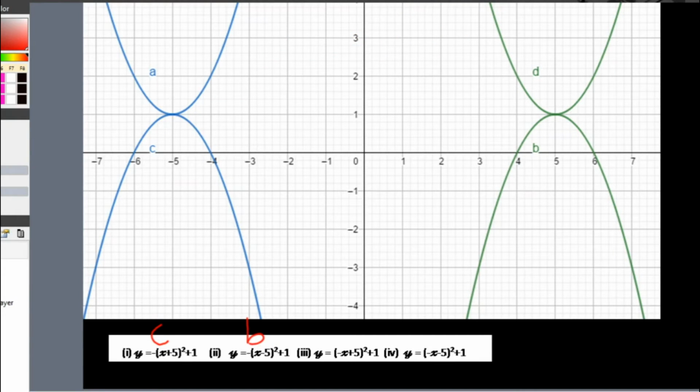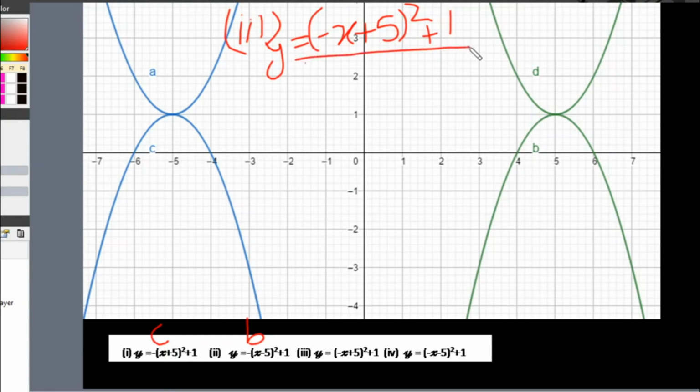For part 3, now part 3 and part 4 are slightly trickier. Part 3, y is equals to (minus x plus 5) whole square plus 1. Apparently it looks like the coefficient of x square is negative, but it's not.